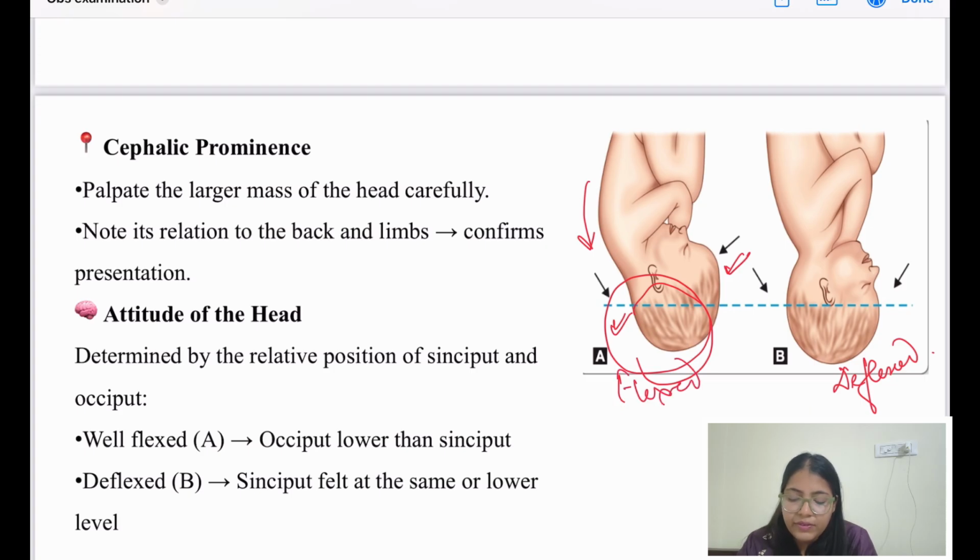I know it is very difficult to determine the position of sinciput and occiput on Leopold's grip, but you should at least know the theory. No examiner expects both MBBS students and residents to tell them about the attitude of the head, but we should know that we can tell the attitude of the head in this way.